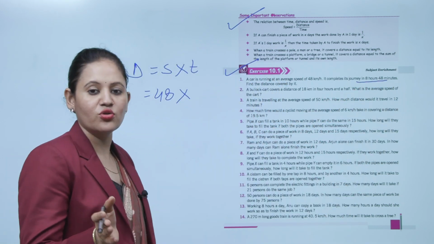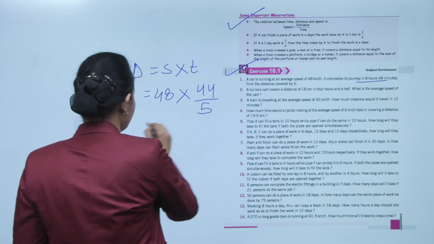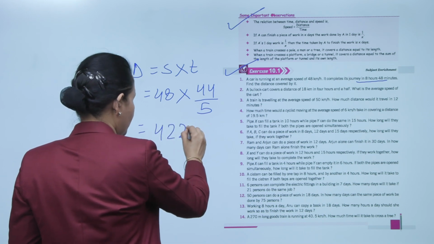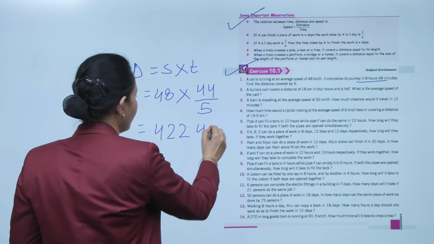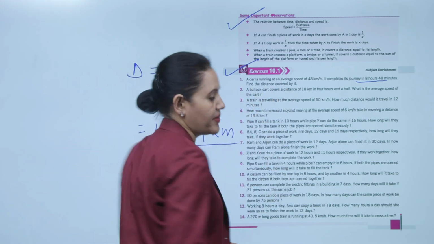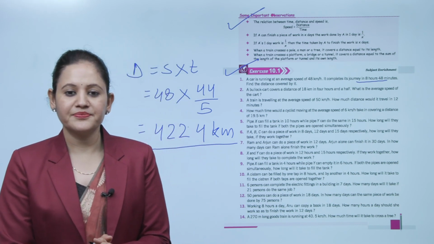So we'll convert into hours, that is equal to 44 upon 5. So that is equal to 422.4 kilometers. That is the distance covered by it. Clear? So practice all the questions of this exercise.